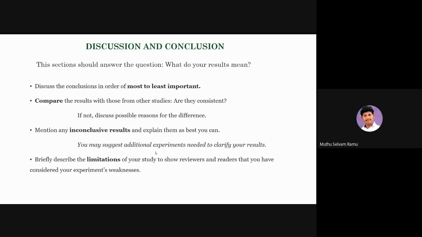Coming to the final point, inconclusive results will also be explained. If not in detail, you have to explain them at least briefly. You should not show a bias of explaining one result or excluding a particular result. That bias should be avoided.